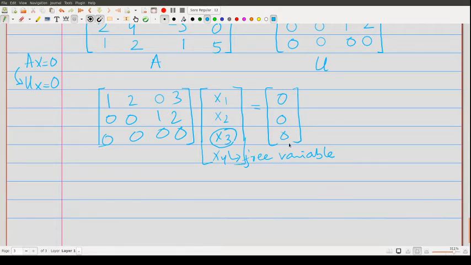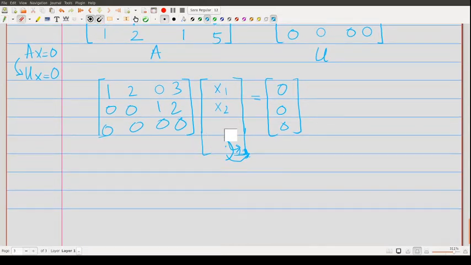Okay, and so x3 and x4 both will be free variables. Actually, hold on, this is x3, this is x4. Let me write these equations first.